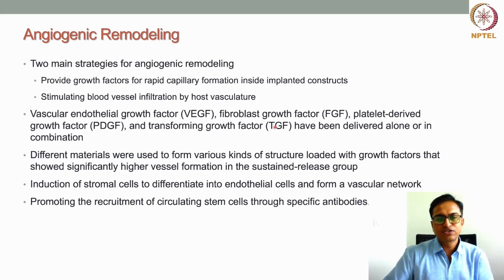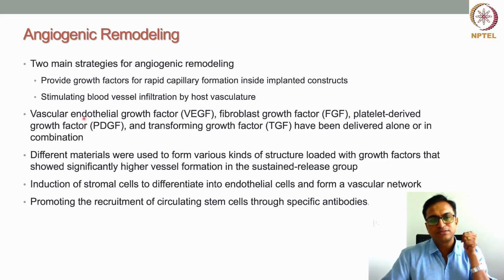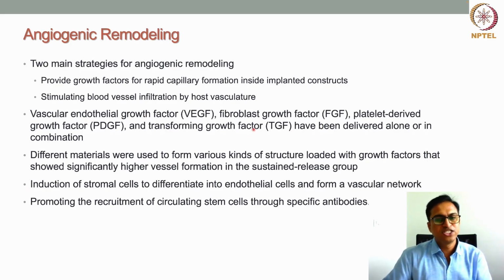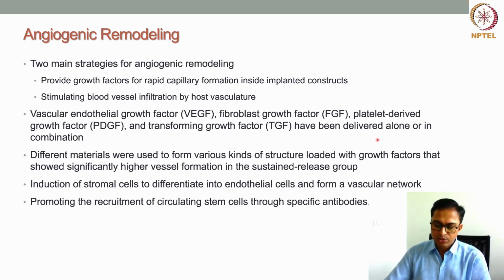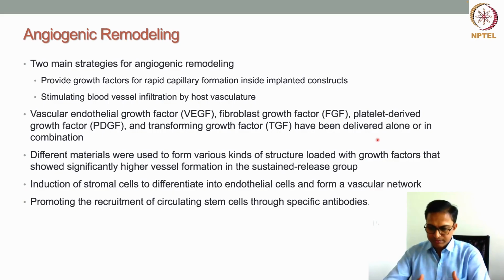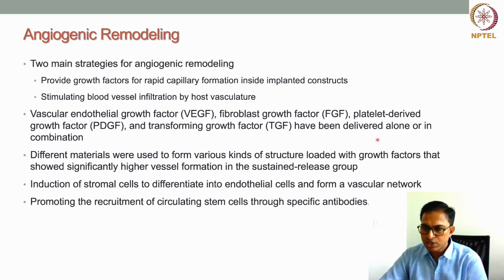Various growth factors are used for this rapid capillary formation, like vascular endothelial growth factor, VEGF, fibroblast growth factor, FGF, platelet derived growth factor, PDGF, and transforming growth factor, TGF. These growth factors have been delivered within the bioink for preparing the biofabricated construct, either alone or in combination.